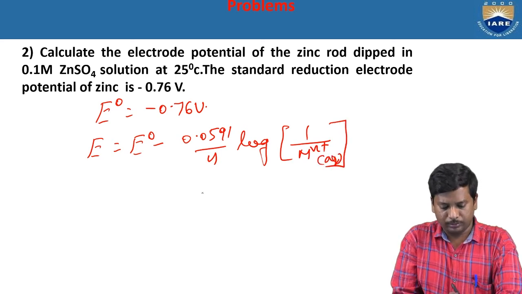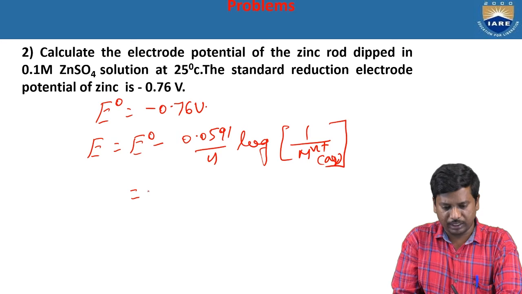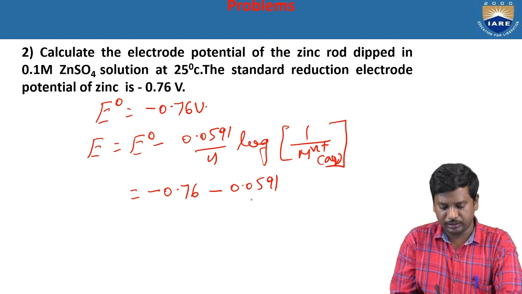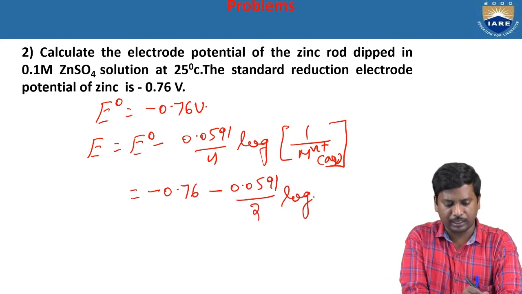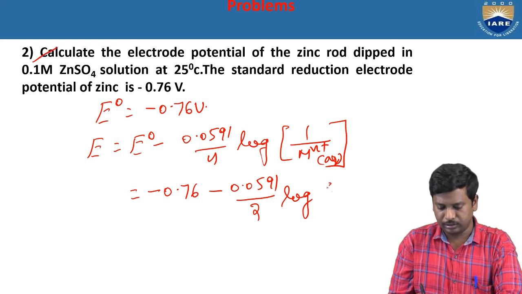So we have E naught equal to minus 0.76 volts, and minus 0.0591 by n, where n is 2, log of the concentration of metal ion, given 0.1, that means 1 by 0.1.